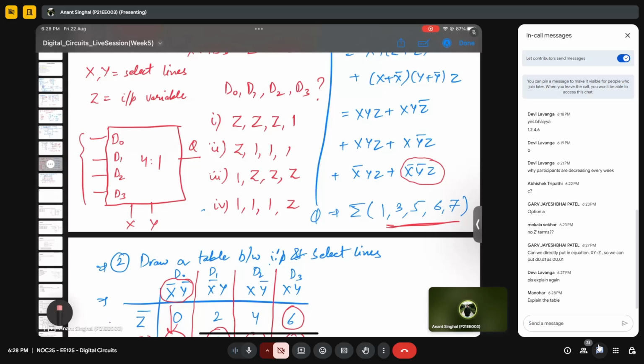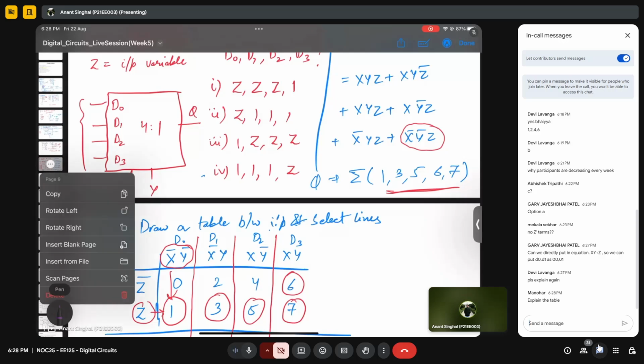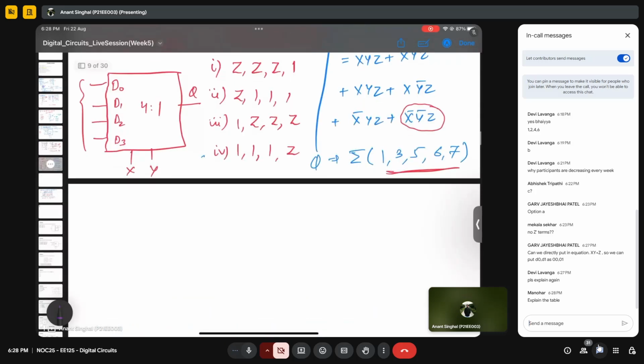Let me explain again what I'm trying to do. We have just seen, a few minutes back, that the final output will be something like x bar y bar D0 plus x bar y D1 plus x y bar D2 plus x y D3.